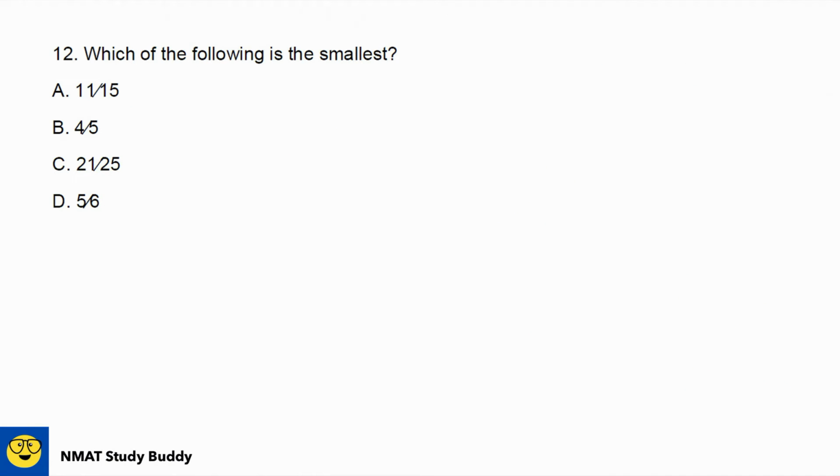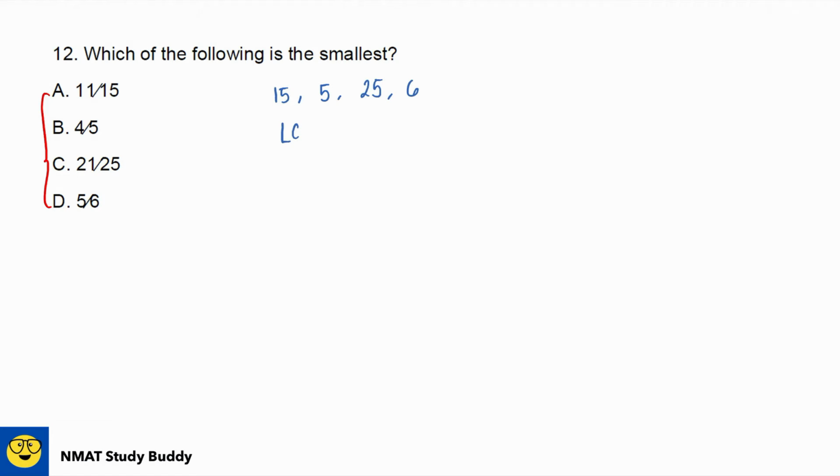Number 12. Which of the following is the smallest? So, yung smallest daw dito sa choices natin. Para mahanap natin yun, bago natin sila i-compare, dapat yung denominators nila are equal to each other. Doon lang natin makakompare yung numerator nila. So, for this one, yung denominators are 15, 5, 25, and 6.